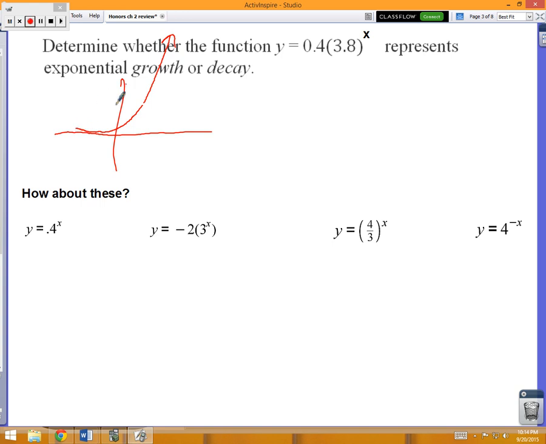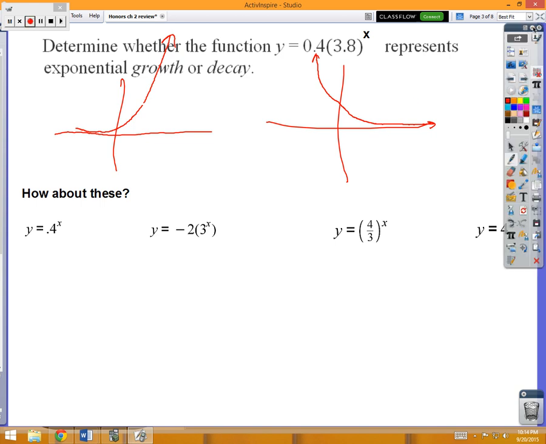It's got a positive rate of change, positive slope. Decay starts big, but you're taking away. You're cutting in half, cutting in half, cutting in half, pretty much until you just have a microscopic amount left, and you can still cut that in half. A never-ending amount. So, growth and decay.